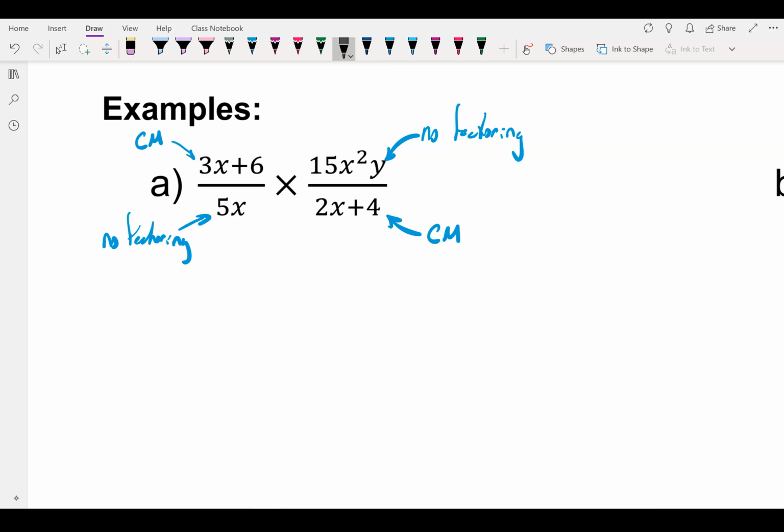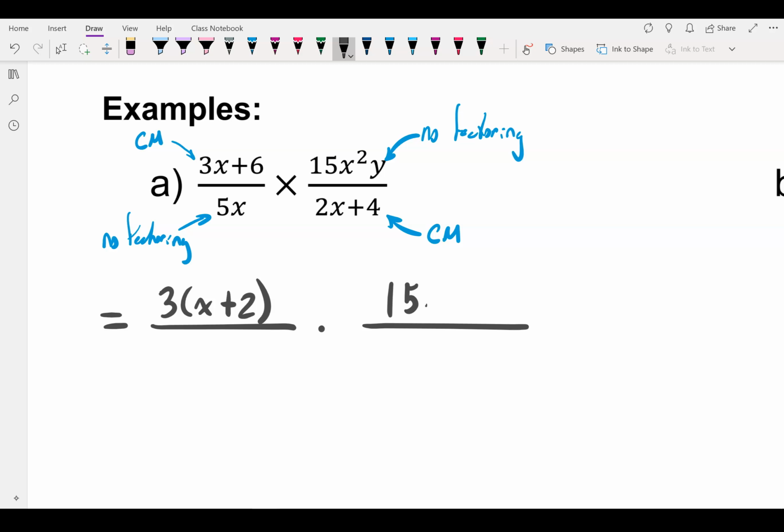All right, so let's do that piece by piece. One big fraction times one big fraction. The 3x plus 6, pull the 3 outside, you get 3 times x plus 2. I told you that the next one can't be factored. On bottom left, 5x can't be factored. And then the bottom right, common monomial, I can take a 2 outside, it leaves an x plus 2.